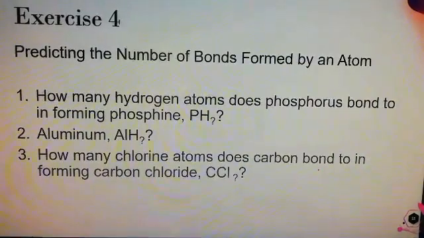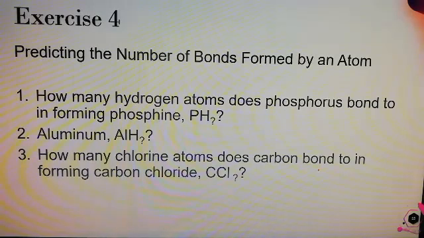Okay. So, in exercise number 4, predict the number of bonds formed by an atom. So, number 1, how many hydrogen atoms does phosphorus bond to in forming phosphine? So, ilang hydrogen ang dapat kumabit doon sa ating phosphorus para maging stable siya.